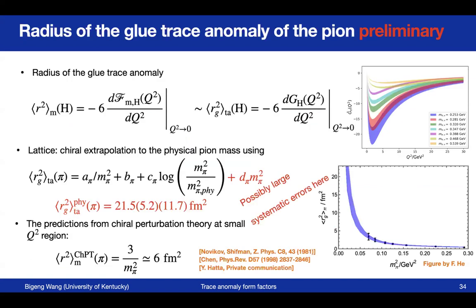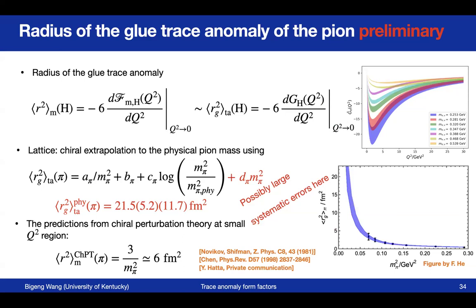On the other hand, we try to calculate the radius of the glue trace anomaly by taking the derivative with respect to q squared and extrapolating the result. We have seven quark masses, but we do not have the physical quark mass.